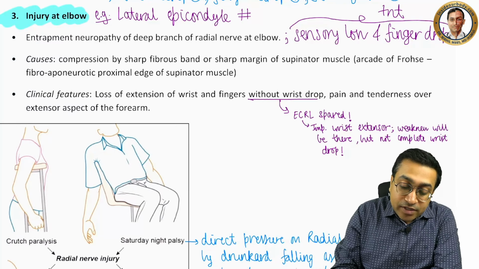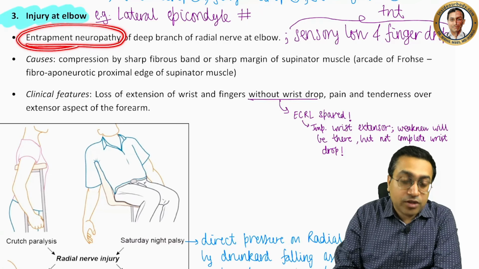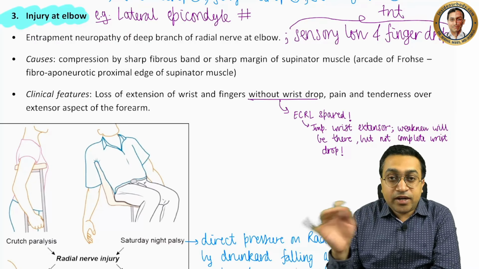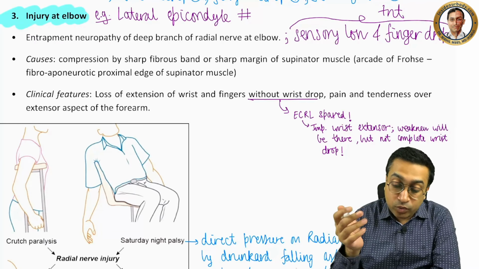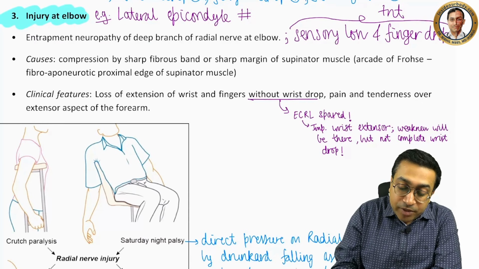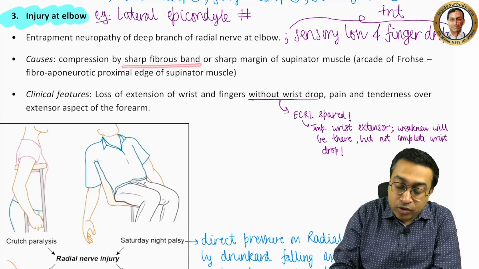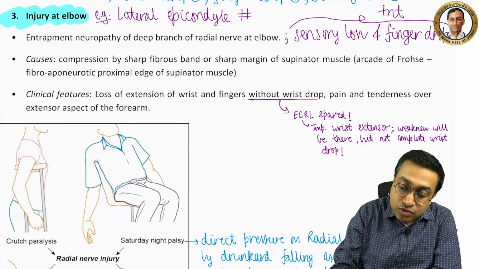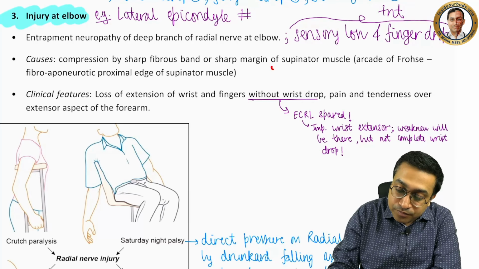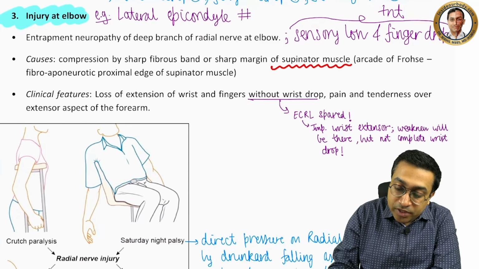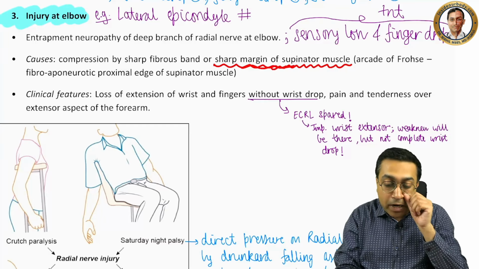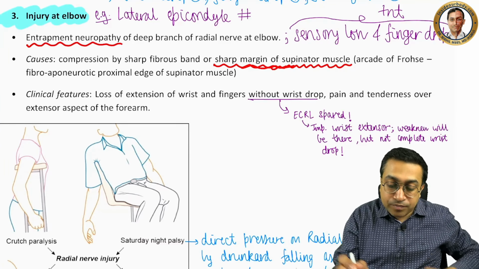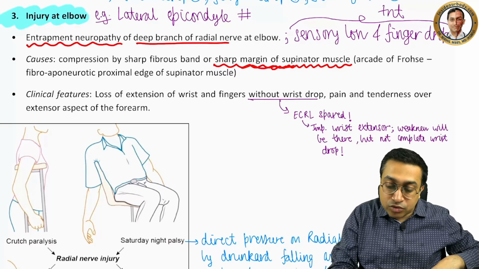Now we said that there is entrapment neuropathy. Neuropathy means nerve involvement, entrapment means something is trapping it. So what is it? There can be compression by a sharp fibrous band or sharp margin. Please remember this muscle name, the supinator muscle: the sharp margin of the supinator muscle can cause this entrapment neuropathy of the deep branch of the radial nerve.